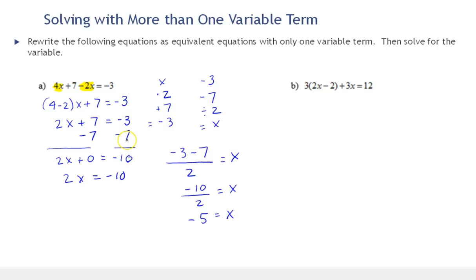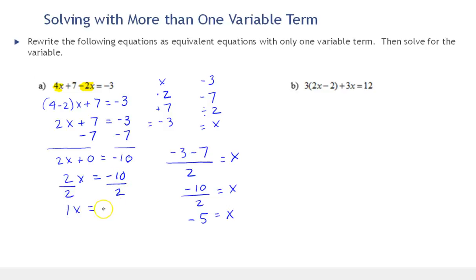Now this should look familiar. Here we had the negative 3 and we subtracted 7. And now the next step, we have 2x, we want to know what 1x is. So this is 2 times x. To reverse multiplying by 2, we can divide by 2. And I'll divide both sides of the equation by 2. 2 divided by 2 is 1x.